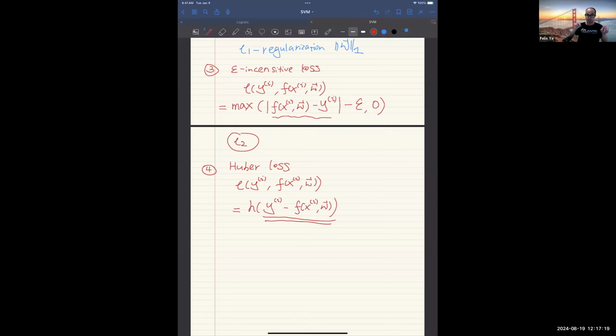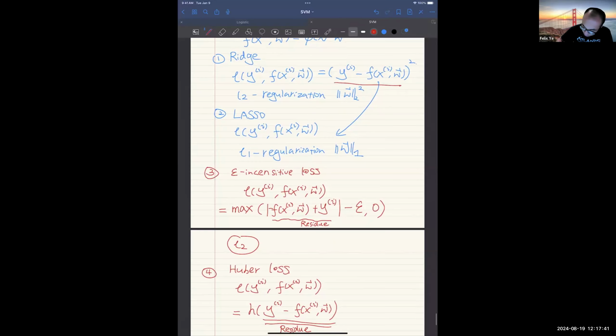In fact, it's the target subtract the output, which is the residue, that actually matters. The same here, this is also the residue if you change the sign.